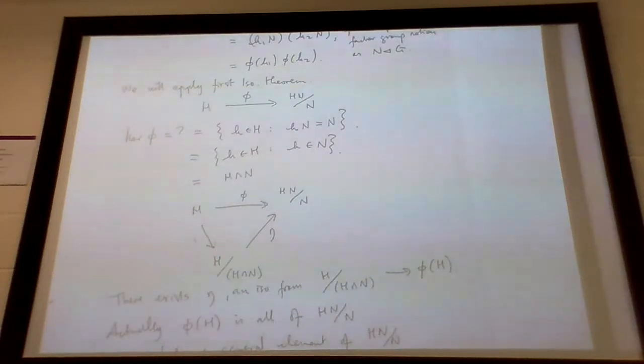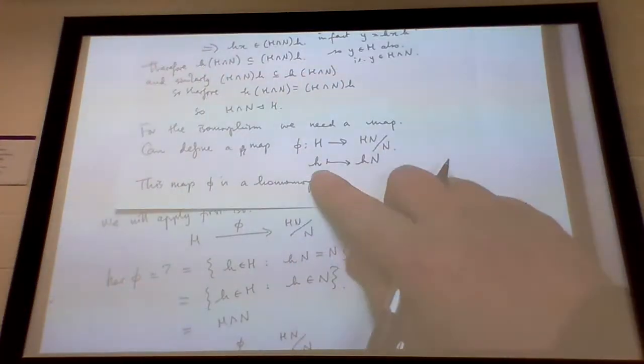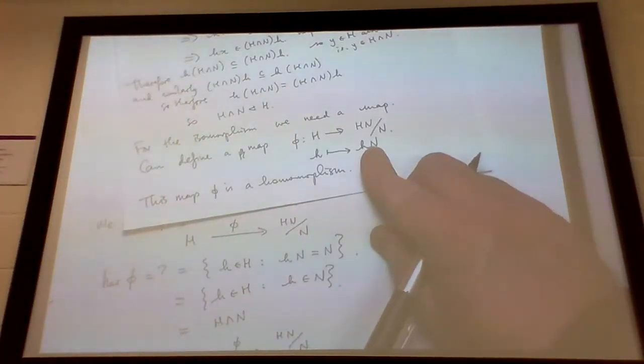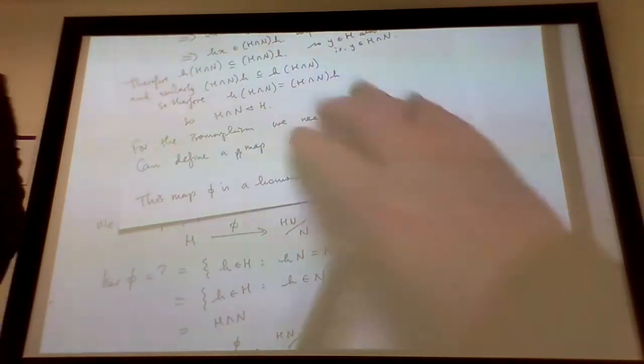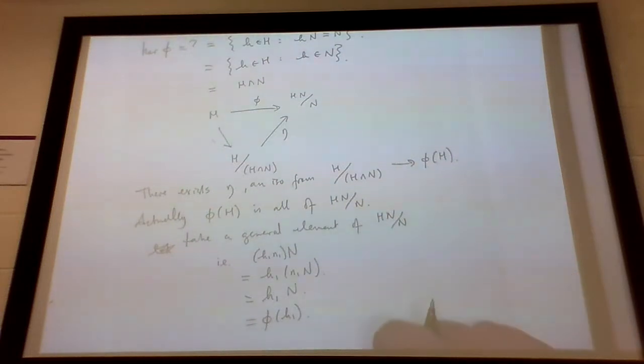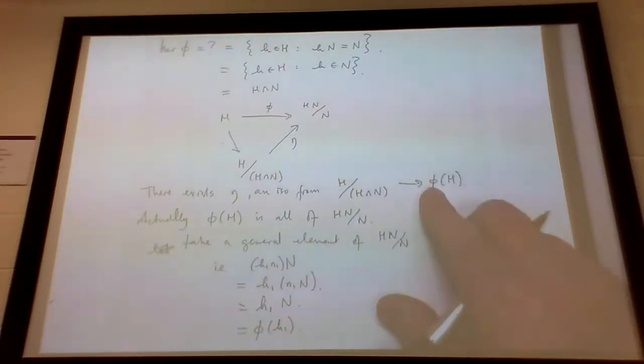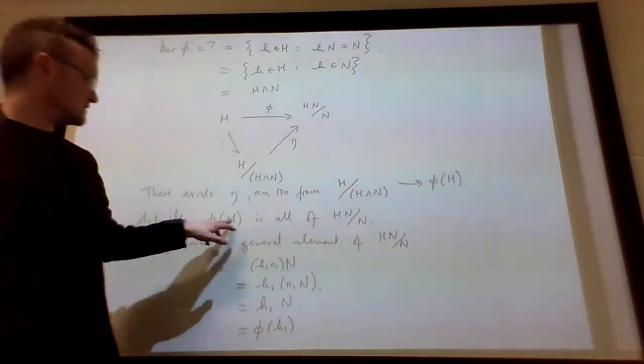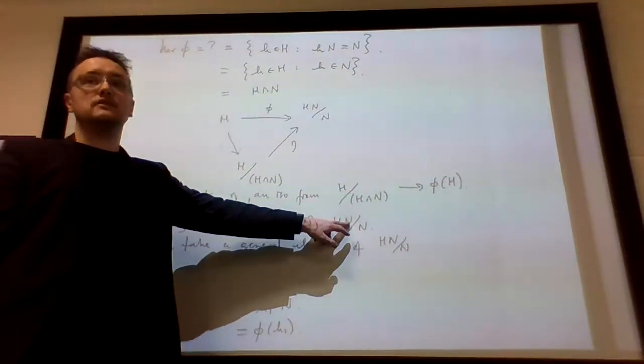We sent h to the coset generated by that h. So we can generate any coset of this from H. That justifies this.